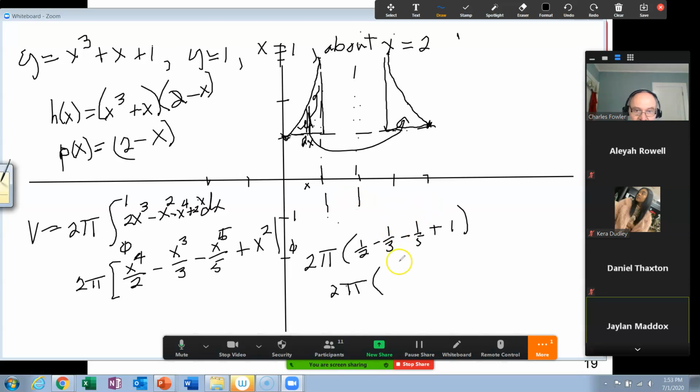Right? So that would be 15/30 minus 10/30 minus 6/30 plus 30/30.